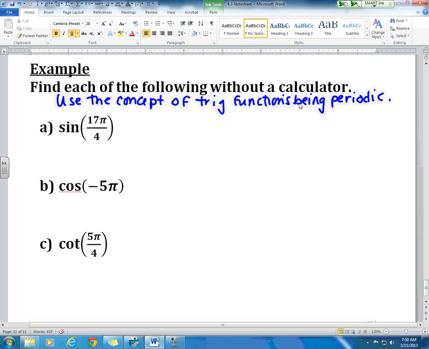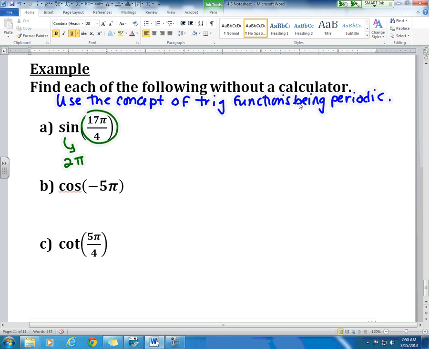So the sine of 17 pi over 4. What we know about the sine function is that it repeats every 2 pi radians. I hope you realize that 17 pi over 4 is greater than 2 pi.